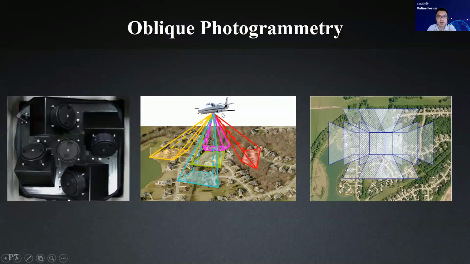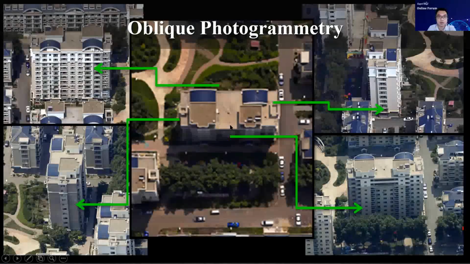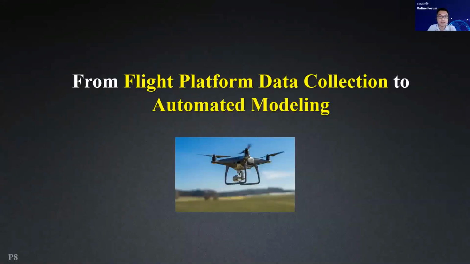You can see, if we want to capture one building, we need one image from the vertical angle and another 4 from different directions, like this. After we collect the data from a drone or aircraft, we need to use optical photogrammetry software to do the data processing.